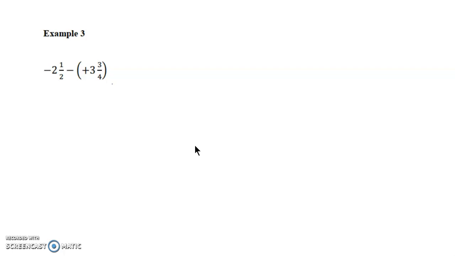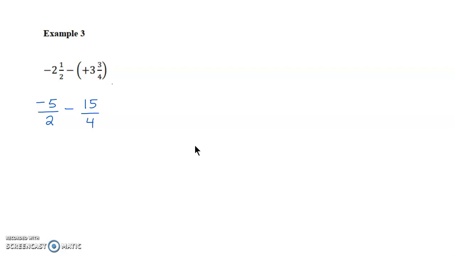So our first step is to convert them to improper fractions, and I'm going to show that first. We're going to do 2 times 2 is 4, plus 1 is 5. So that's a negative 5 halves. Minus, and then we'll use our same method: 4 times 3 is 12, plus 3 is 15 over 4.